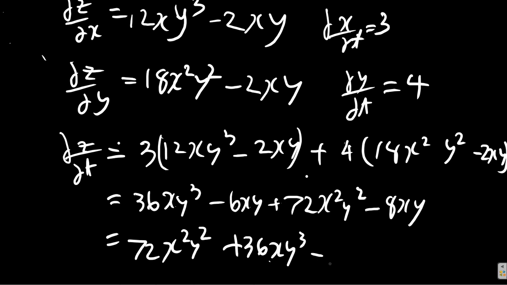So you're going to be minus 14xy. Alright, so that's what we have for delta z by delta t.